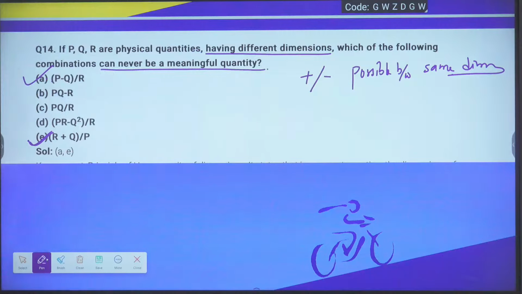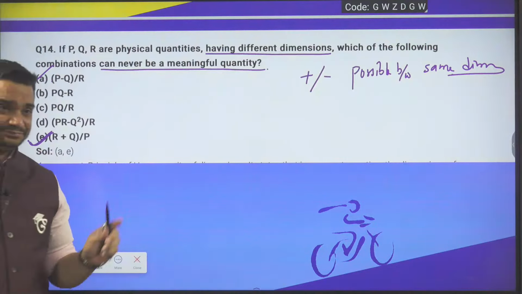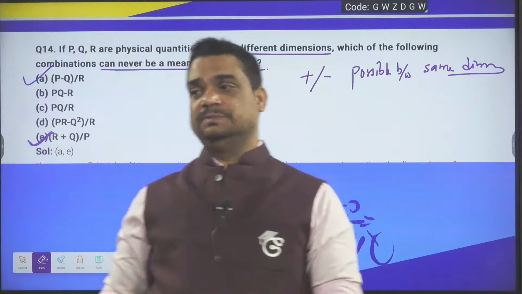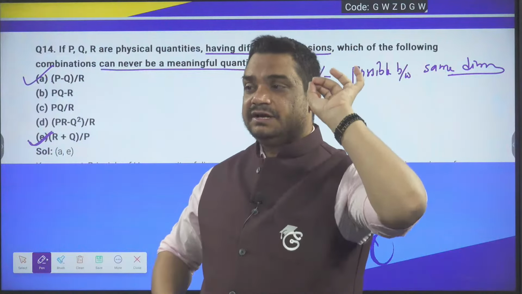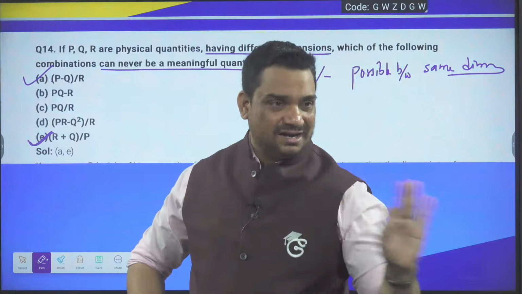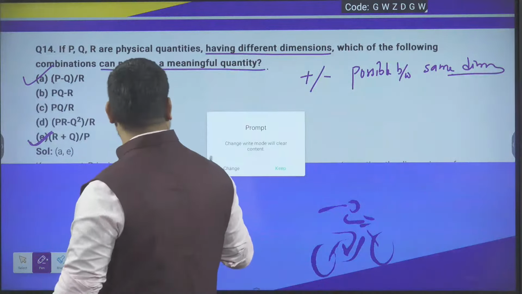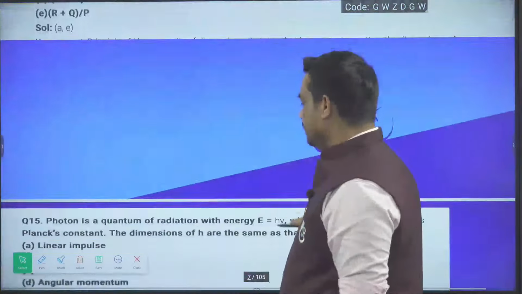You have to keep this in mind. Clear? So this is the key point. Anywhere they are doing direct plus minus, you will discard that option. Direct plus minus between independent quantities we cannot do.